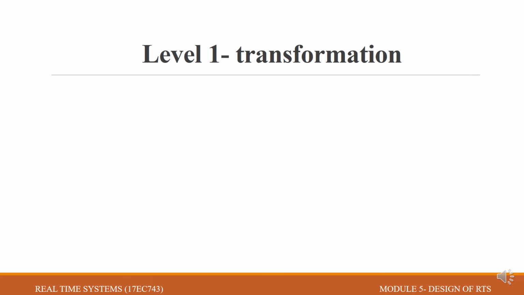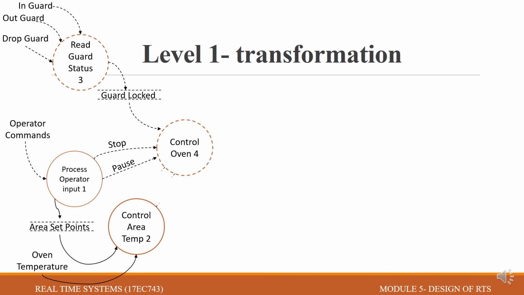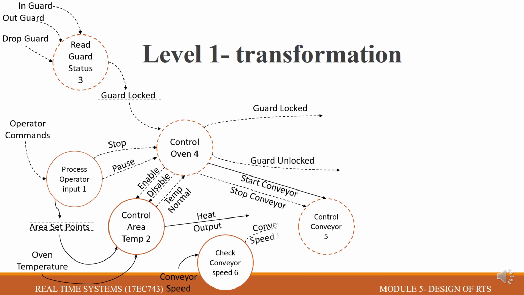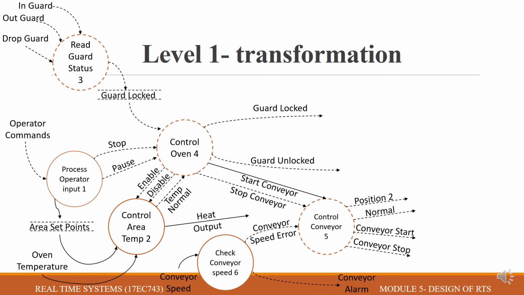The level 1 transformation is shown in this figure. We can notice that the bubbles drawn in solid lines represent data transformations, and the bubbles drawn in dotted lines represent control transformations. Apart from that, we have control area temperature, which is numbered as 2.